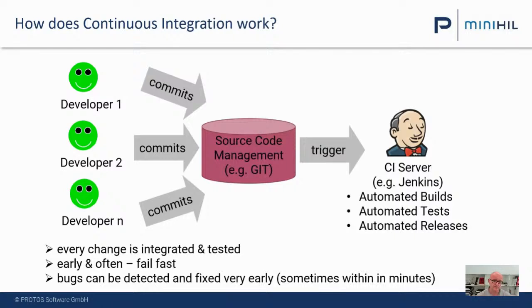So fail fast. If you want to fail fast, you need to commit early and often. And by doing that, the bugs can be detected and fixed very early, sometimes within minutes. And it really works extremely well, especially in non-embedded software, because there you only have software tests. That works a little bit easier than for embedded systems, but it also works for embedded systems.